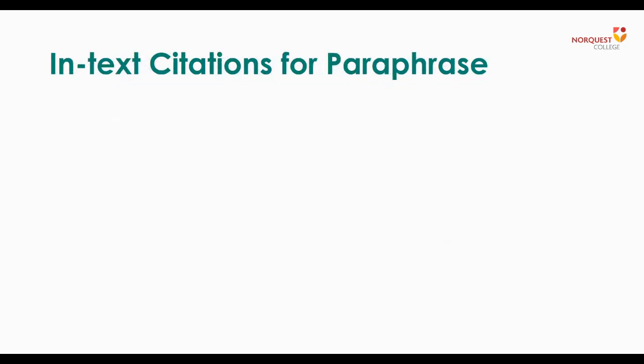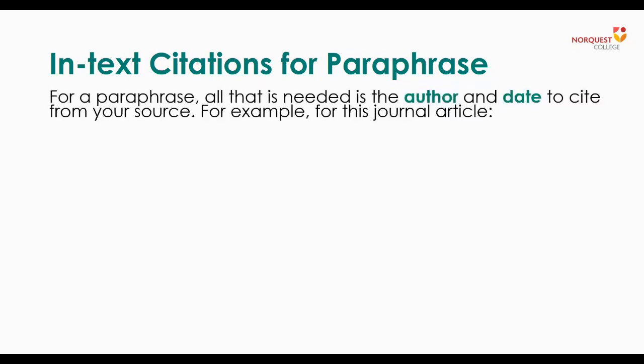So for that 6th step, for the in-text citations, I'm just going to go over briefly how to write those citations for the paraphrase. When you're paraphrasing in your own words, all you have to include is the author and the date to cite from that source.